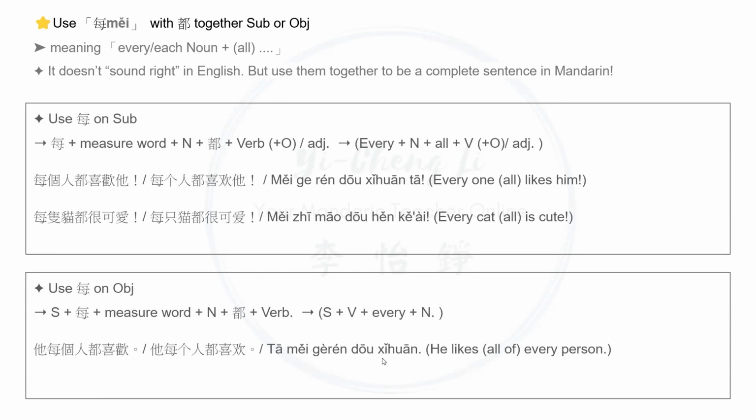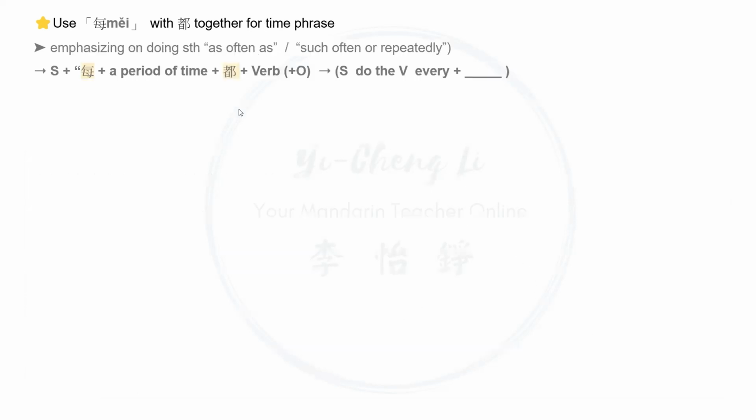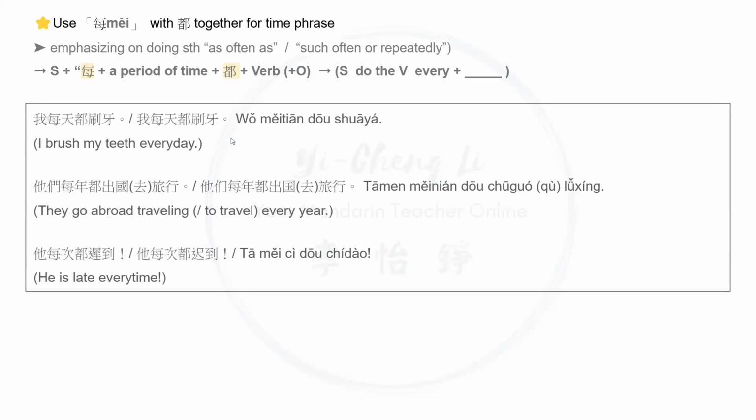他每个人都喜欢。He likes all of every single person. 我每天都刷牙。I brush teeth every day. 他们每年都出国去旅行。They go abroad traveling, or they go abroad to travel every year.